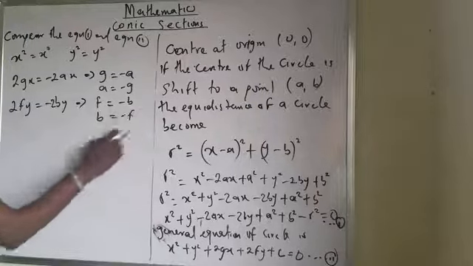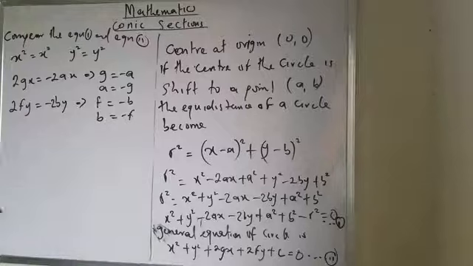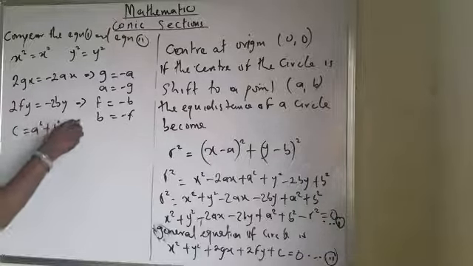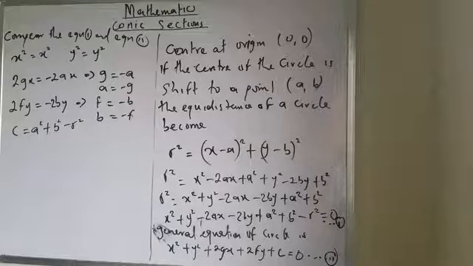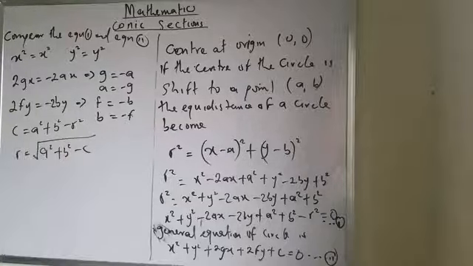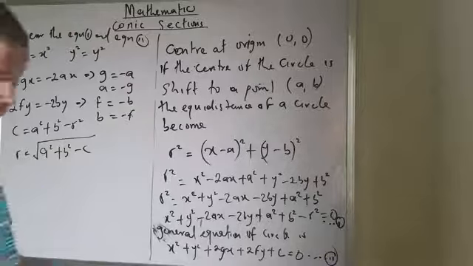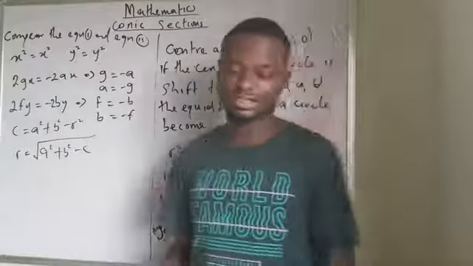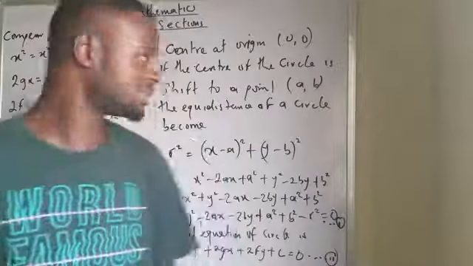Also c equals a squared plus b squared minus r squared, so r equals the root of a squared plus b squared minus c. That is my r, because the radius is very, very important at this point.